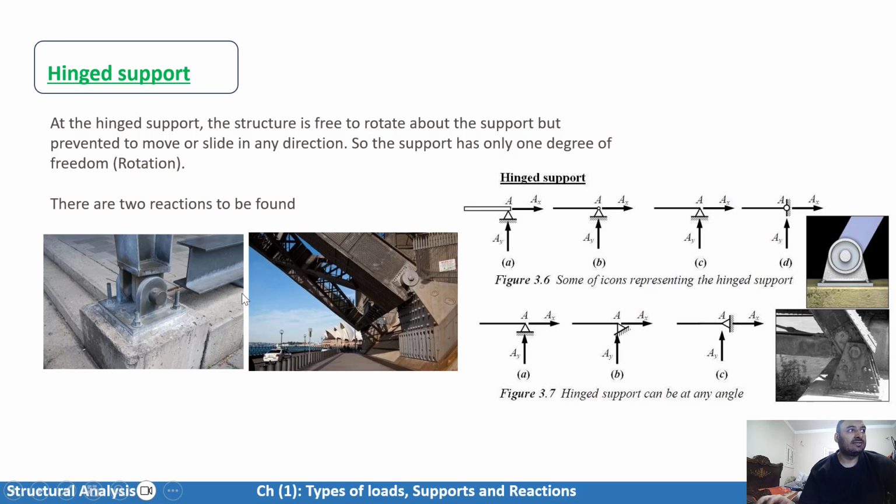If we look at the hinge support, we have two reactions because it prevents the movement in the plane of motion and the perpendicular direction. And there is no moment reaction created at the hinge because it is allowing rotation.